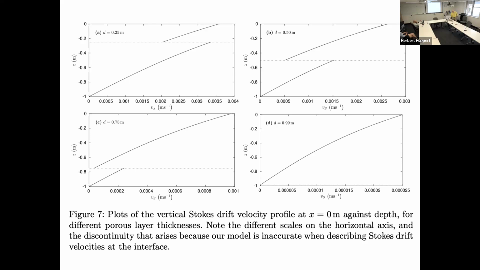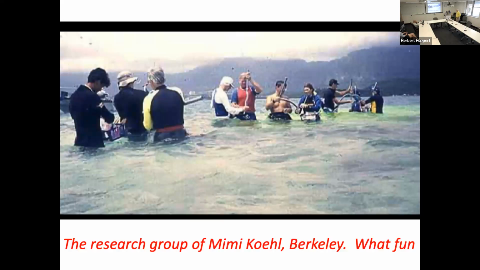Now, I became interested in the theory here because a woman called Mimi Curl, who's a wonderful biological oceanographer in Berkeley, came and gave a talk of the work that she and her group had done looking at the effect of waves over coral reef in Hawaii. And she showed this photograph of her measuring the velocity components and things like this.